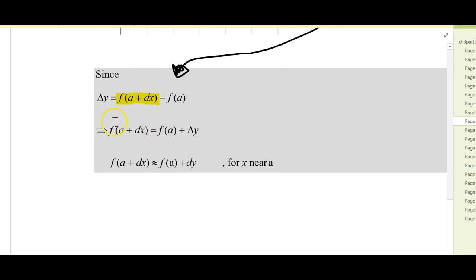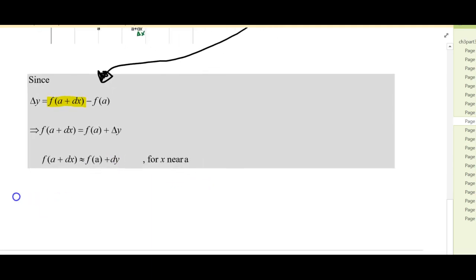And if dx is relatively small, dy will be approximately delta y. So this value that I want to find can be found using this computation, f of a plus dy.